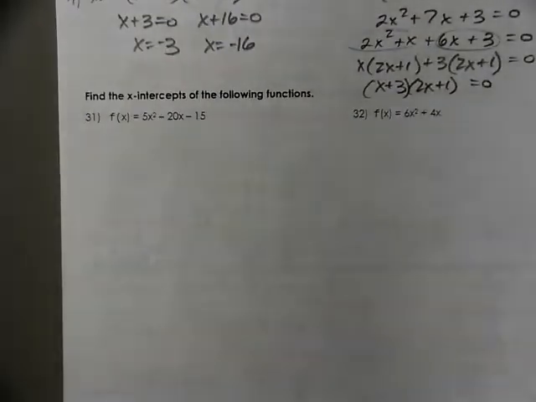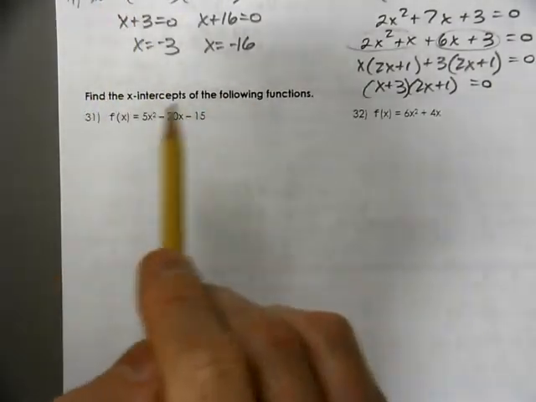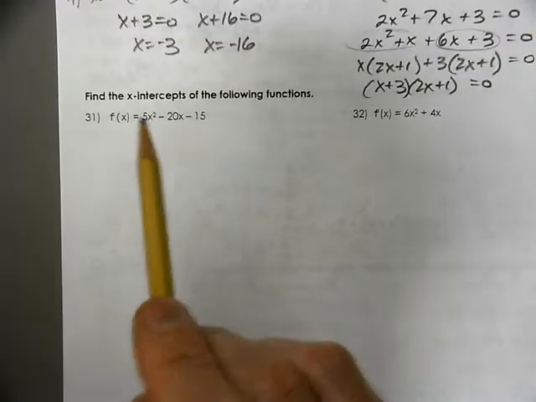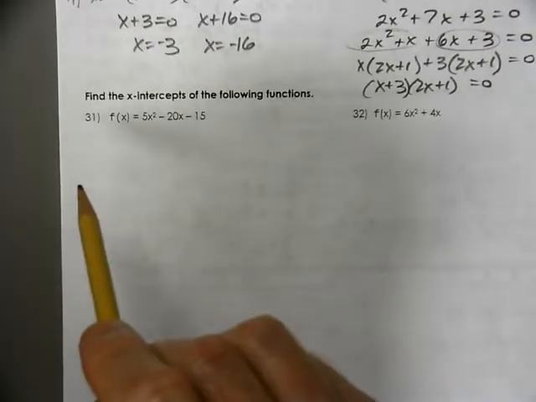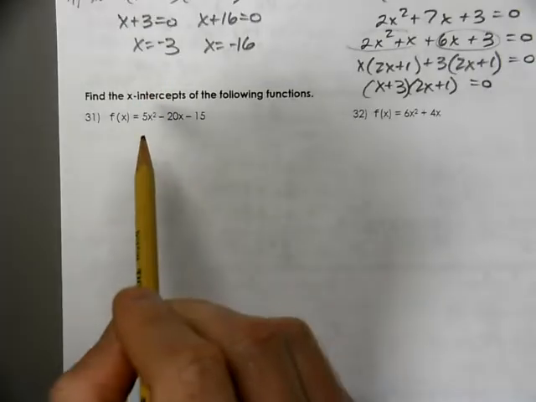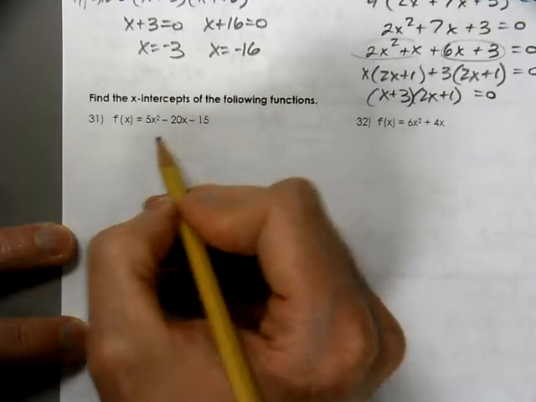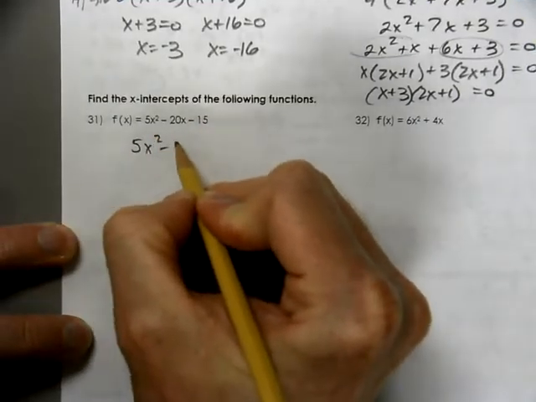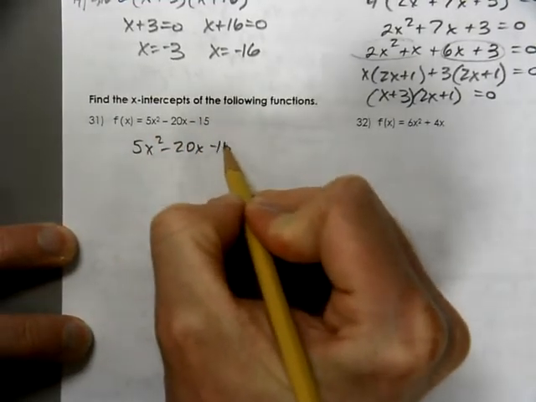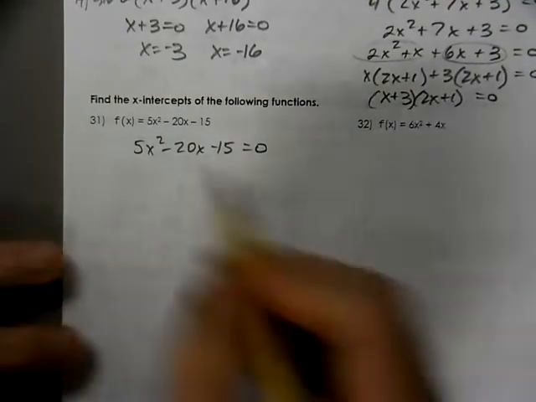Last two questions. Find the x-intercepts of the following equation, which is the same idea as the zeros, same idea as the roots, the solutions, the x-intercepts, all the same terminology. So if we're looking for x-intercepts, want to set it equal to 0.